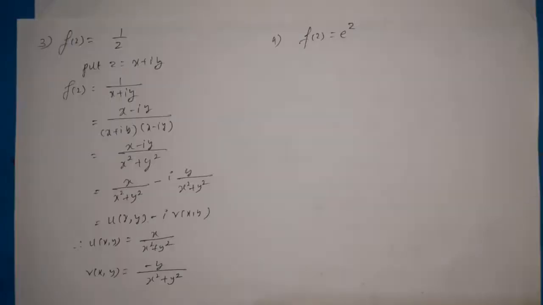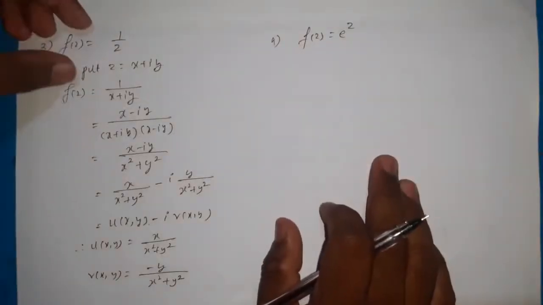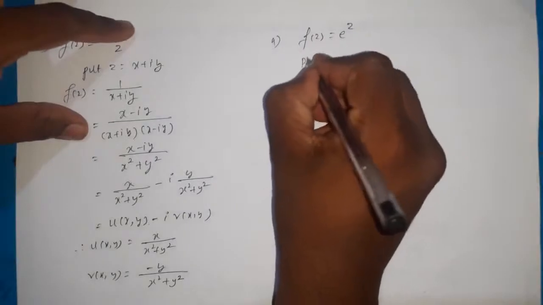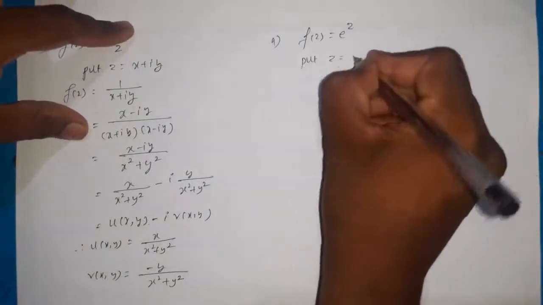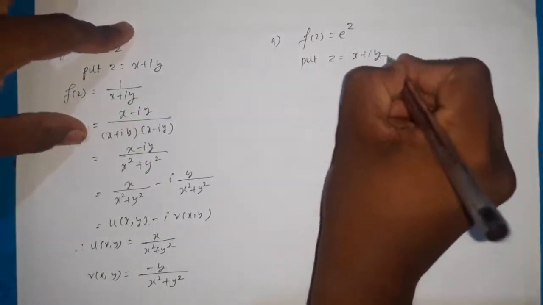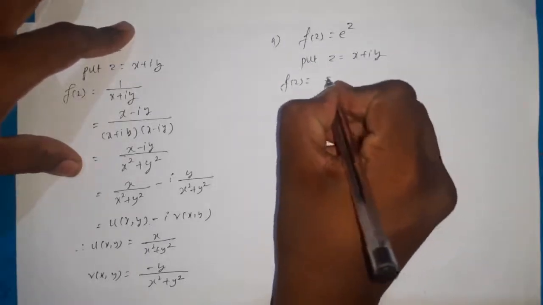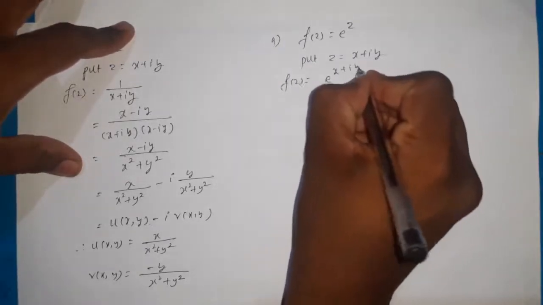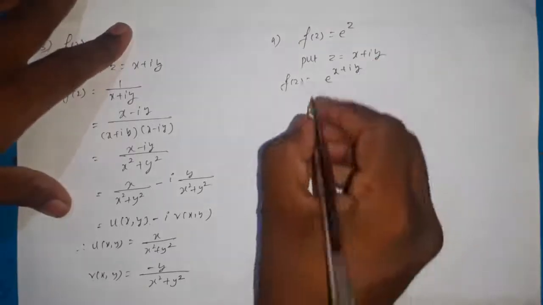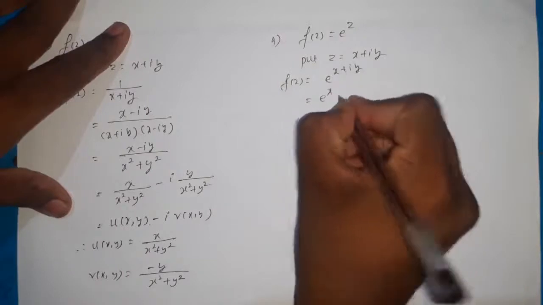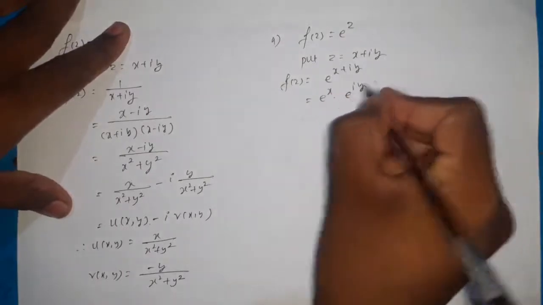Next example, f of z equal to e power z. Here put z equal to x plus iy, then f of z equal to e power x plus iy. By using the law of indices, we can write this as e power x into e power iy.